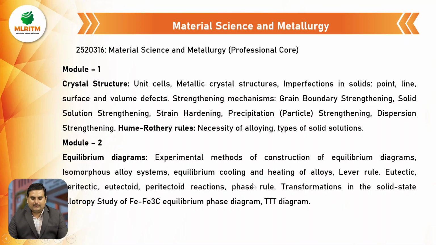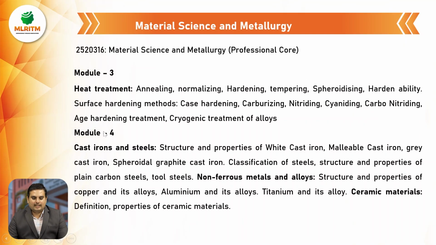And after discussing all these things, we will be discussing the iron carbide equilibrium diagram and the TTT diagram, the time, temperature, transformation diagram. The next, module 3, discusses the heat treatment processes, and in module 4 we will be discussing cast irons and steels and ferrous and non-ferrous materials.